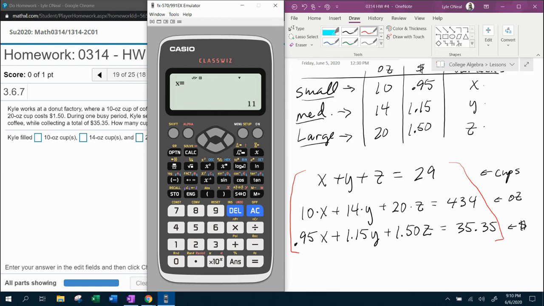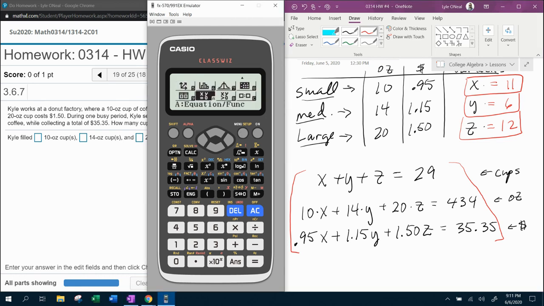Oh, yay. X, the number of small cups sold, is 11. And Y, the number of medium cups sold, is 6. And the number of large cups sold is 12. And just to show you that we can do a random check, how many total cups were sold? 29.